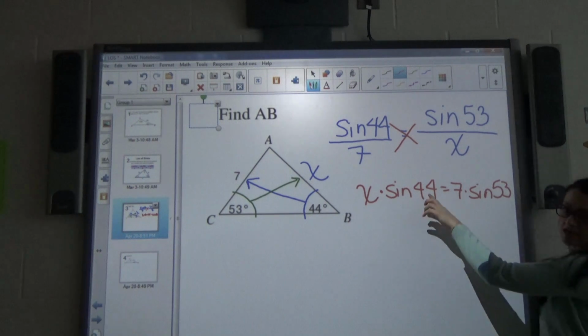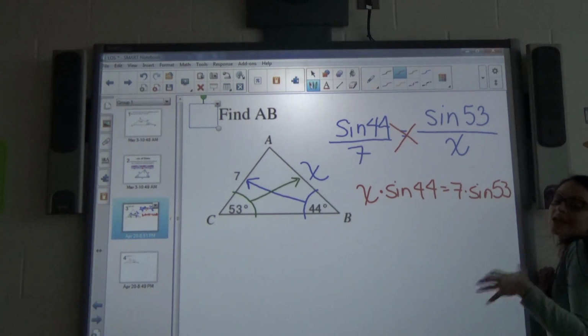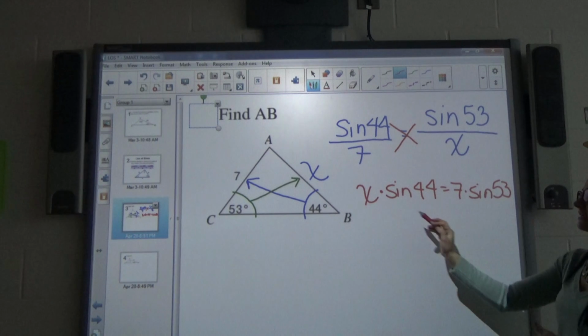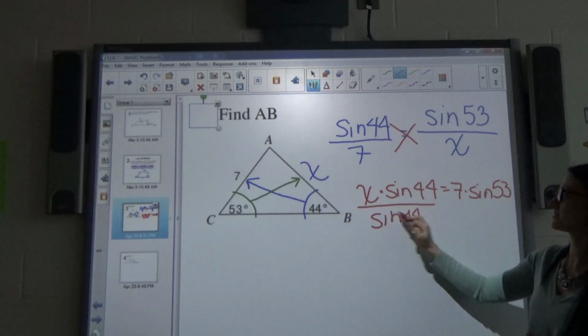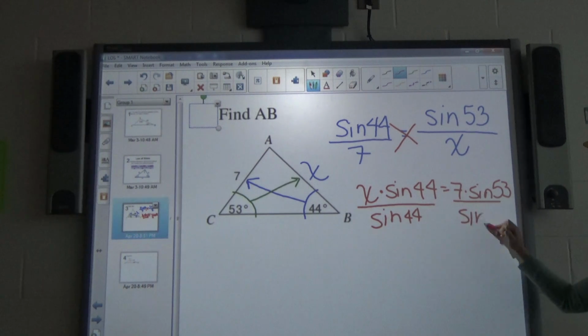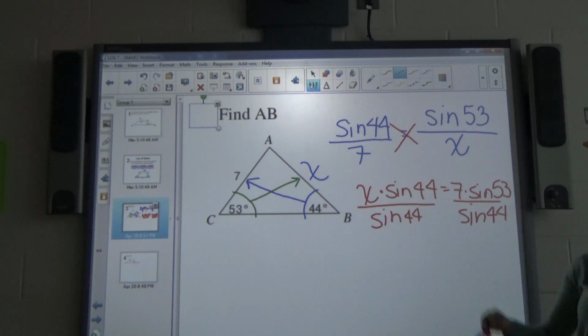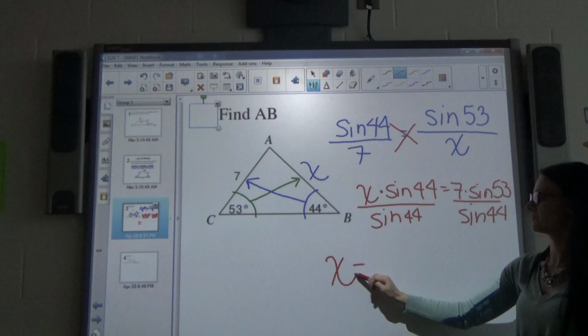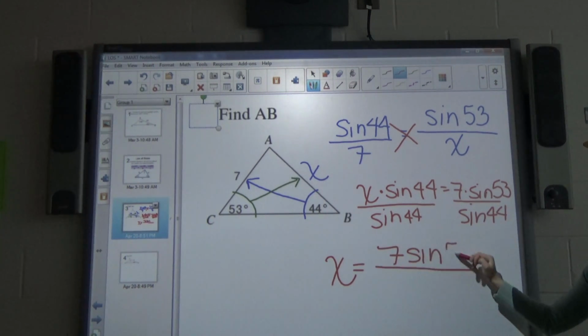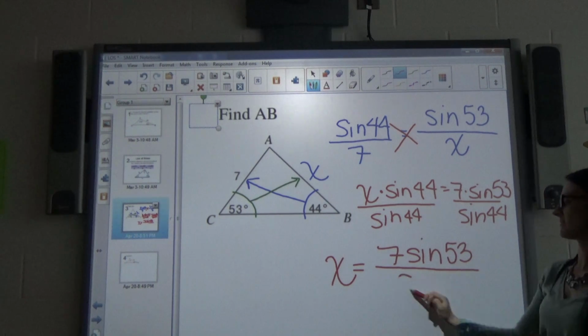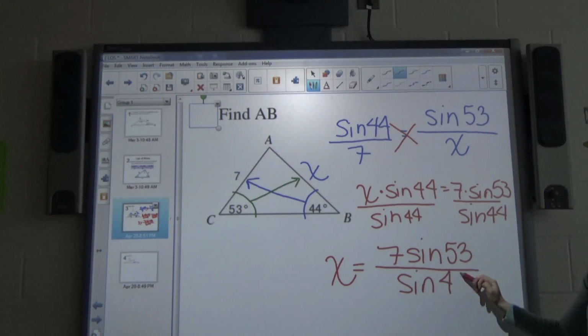And since the sine of 44 is just a number, I can now divide by the sine of 44 on both sides, which would give me X all by itself, being equal to 7 times the sine of 53, all divided by the sine of 44.